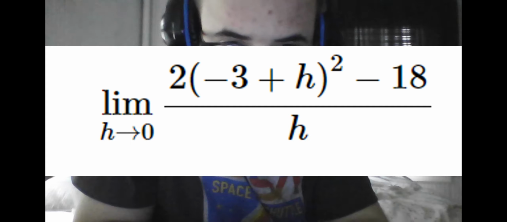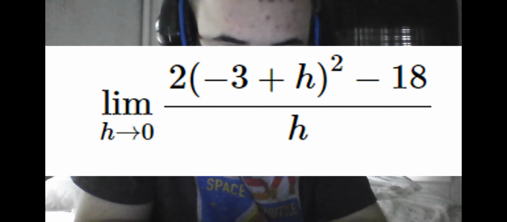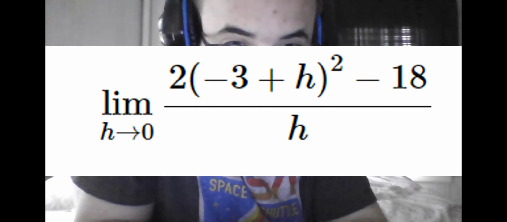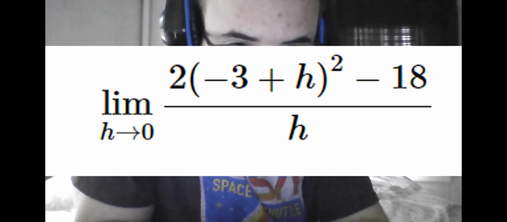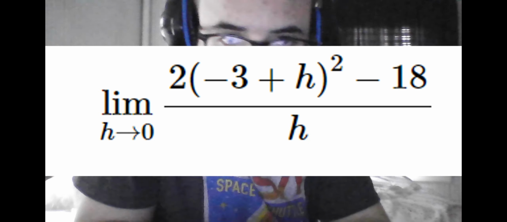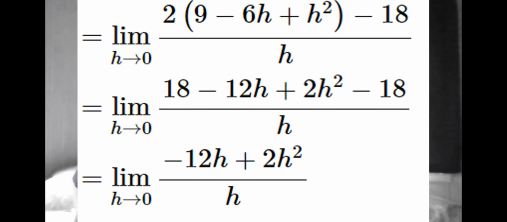If we have this limit, we would see plugging in the limit value requested, 0, would not work, because you also get 0 divided by 0. But what you can do is expand the squared part by multiplying -3 plus h by itself, then distributing the 2 across the expansion.